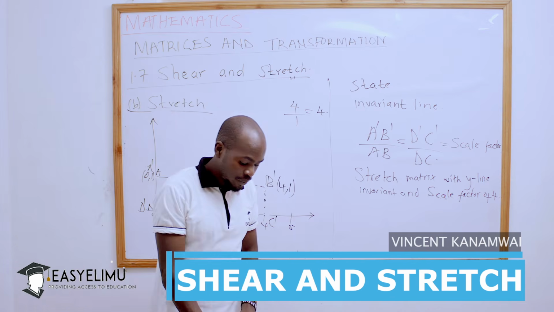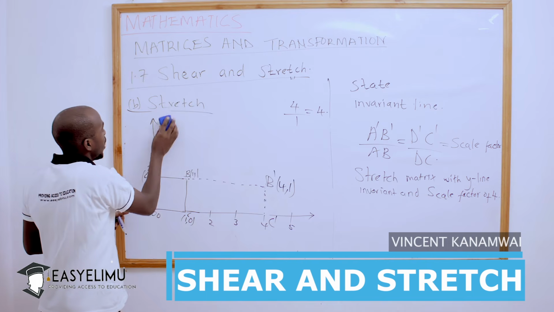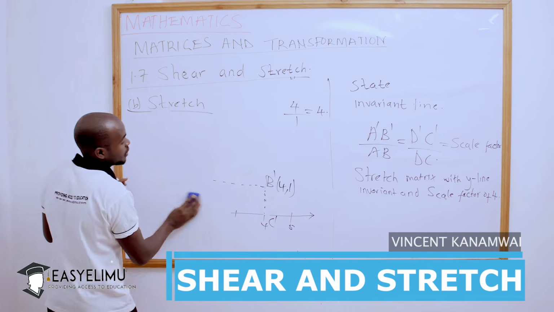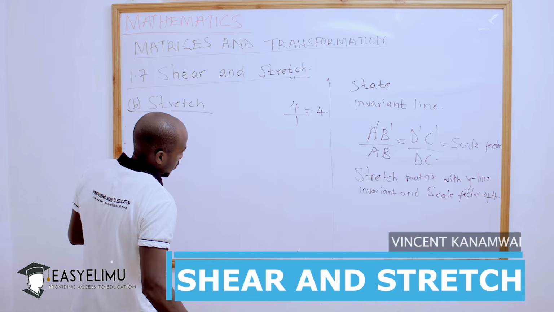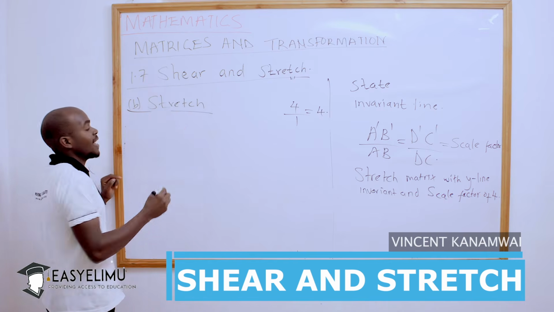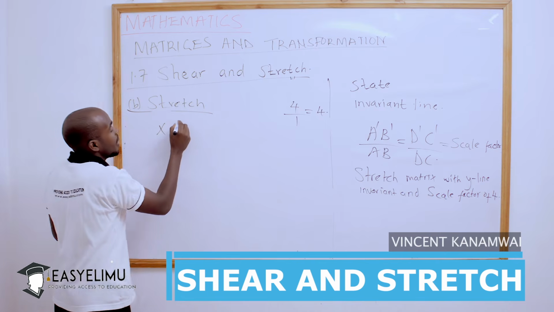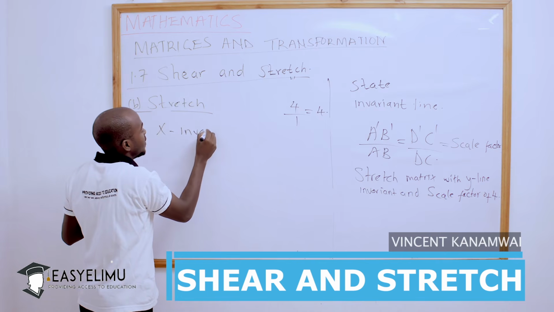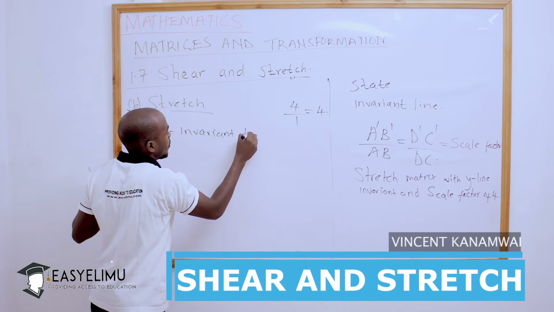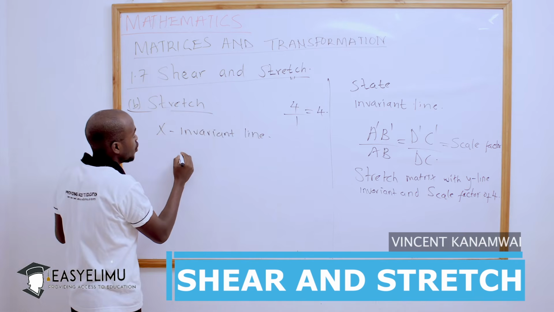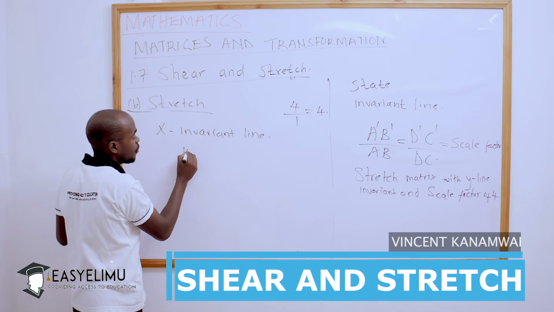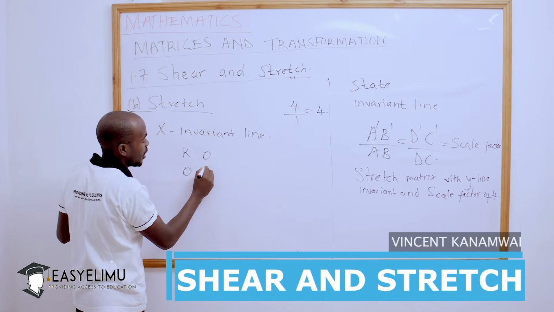So in general, if you want to identify a stretch matrix, in case you have the X line invariant, X as the invariant line, then you will find your matrix will be in the form K, 0, 0, 1.